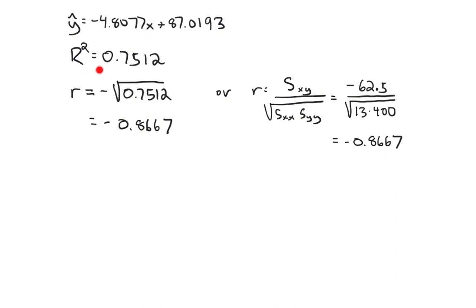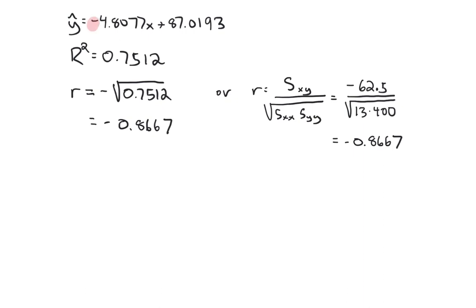So we calculated in the previous video that R squared was 0.7512. So our correlation coefficient is just the square root of that, 0.8667, with the same sign, because it's a negative relationship: as hours of weekly exercise increase, then resting heart rate decreases.